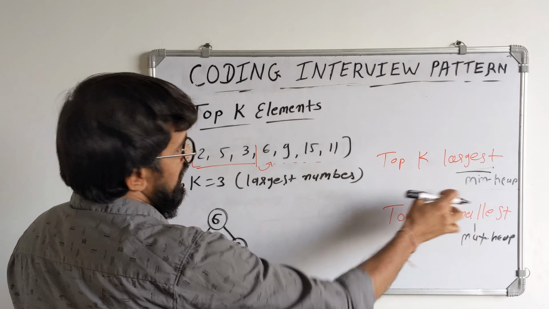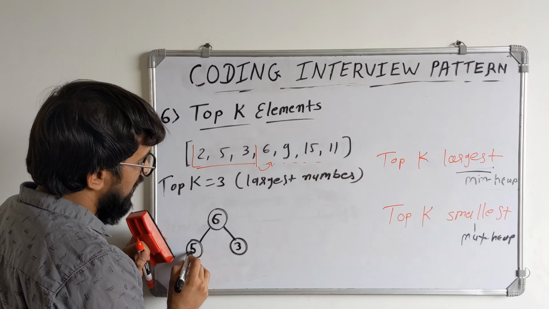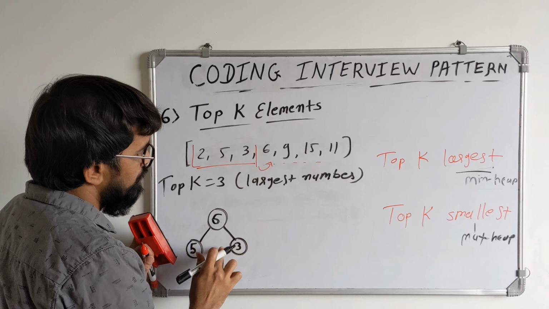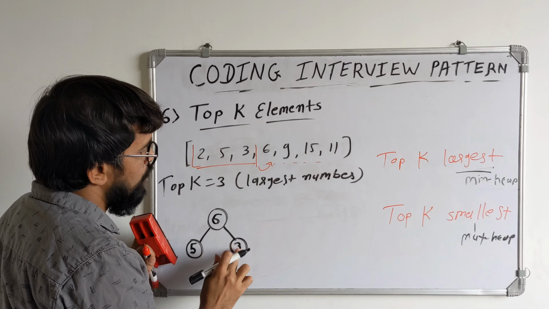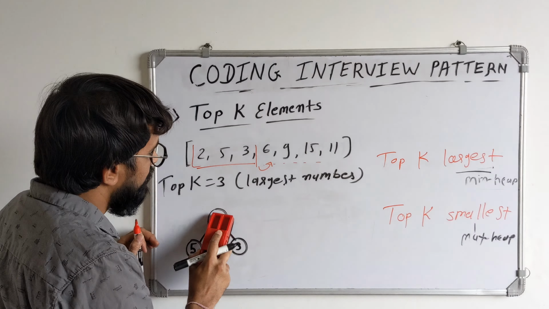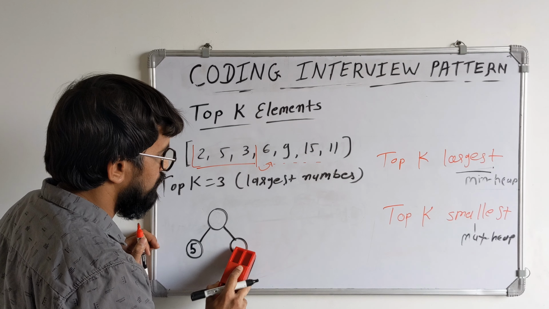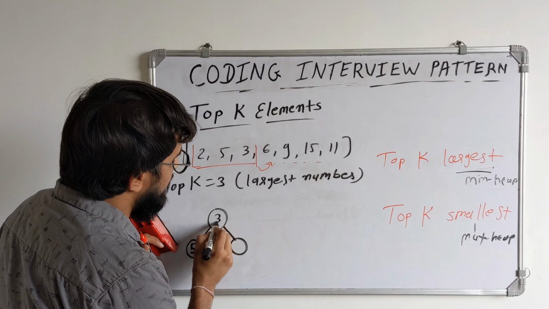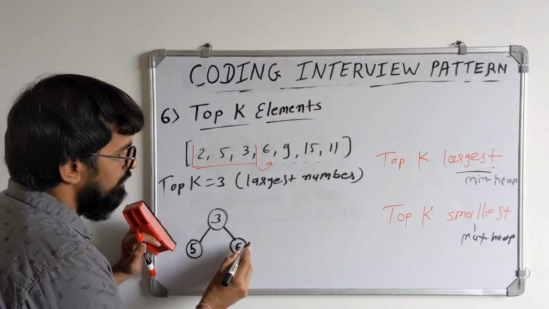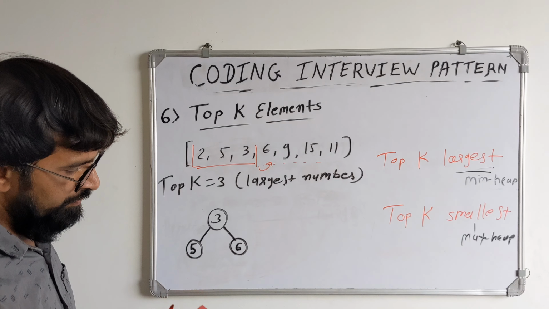But now this is violating the minimum heap property, because a minimum heap needs to have the smallest number on the top. So we need to rearrange it a bit. If you rearrange, the 3 will come on the top and 6 can go here. Step is done.